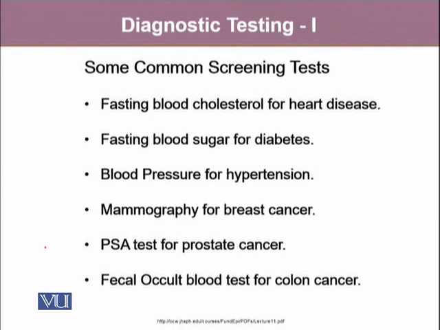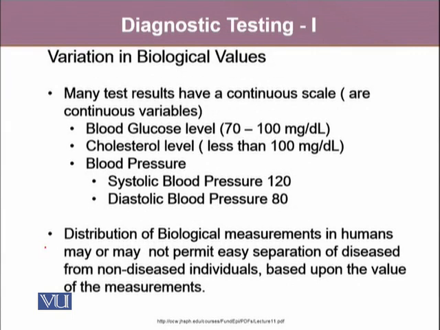Some common screening tests are fasting blood cholesterol for heart disease, fasting blood sugar for diabetes, blood pressure for hypertension, mammography for breast cancer, the PSA test for prostate cancer, and the fecal occult blood test for colon cancer, to name a few examples.